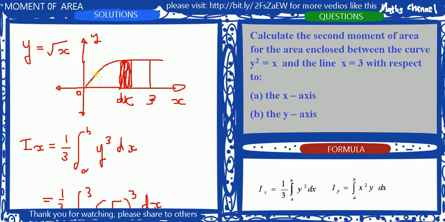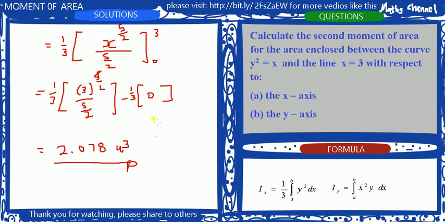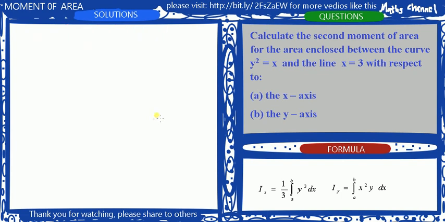If we are given this, this is the y-axis and this is the x-axis. Let's check the next one. This one says about the y-axis, so we'll use this equation. If you are not sure of the equations, check the formula sheet and the textbook, and compare them before you write the exam, because they are sometimes not the same.